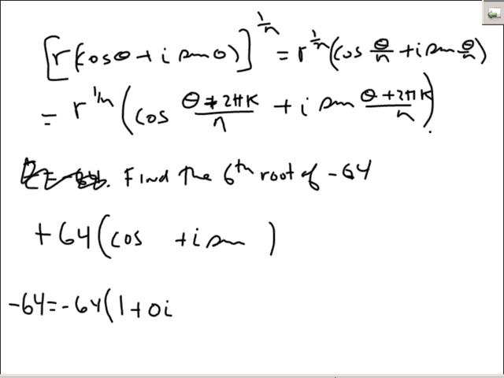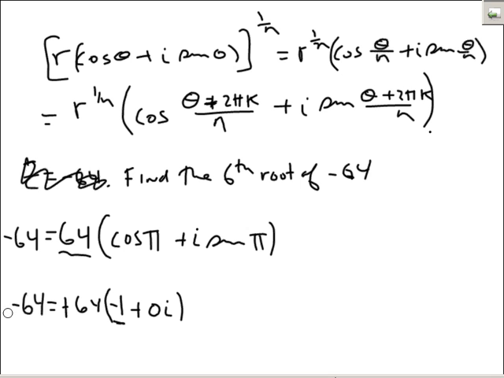So I want the cosine of the angle to be negative 1. So how about the cosine of pi? The cosine of pi is negative 1, and the sine of pi is 0. Okay, so this is just another way of writing negative 64. And you'll see in a moment why you want the number in front to be positive.